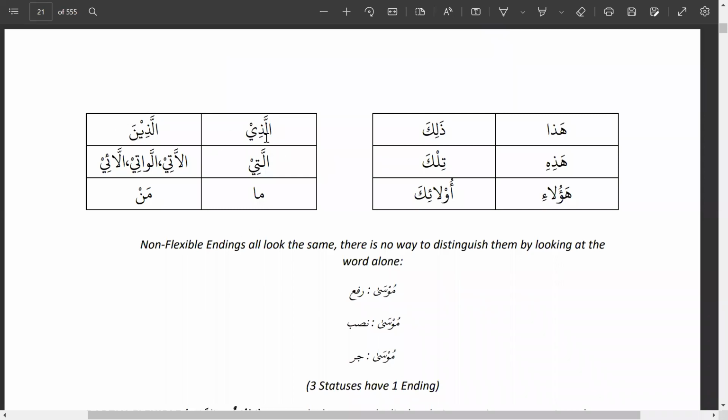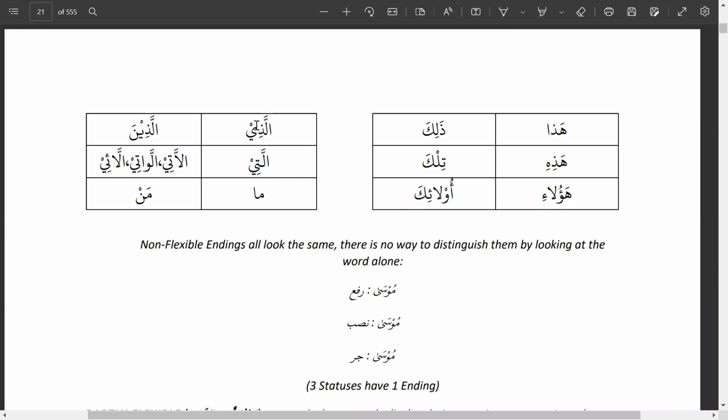Allazi, you just saw allazi. Allazi means the one who. Allazina means those who. So allazi is singular. Okay, allazi is singular, the one who. Allazina, those who.